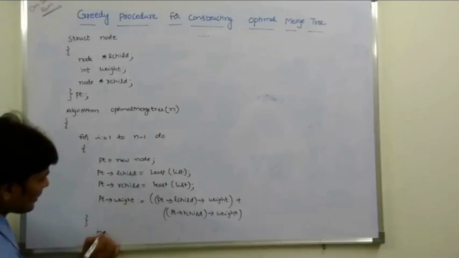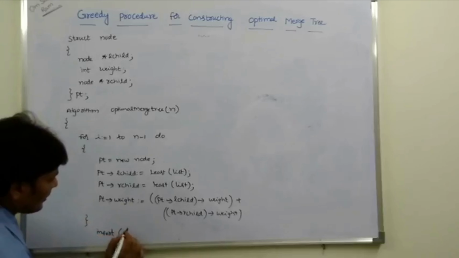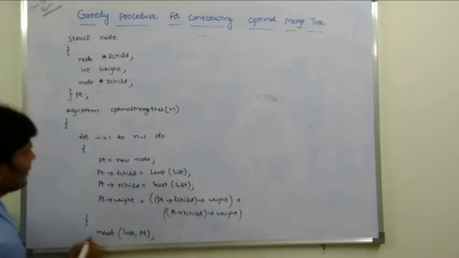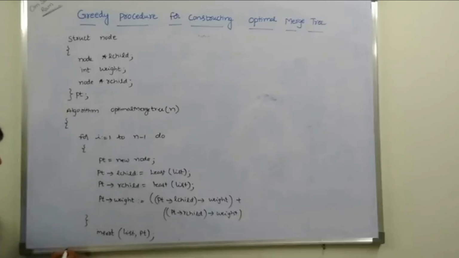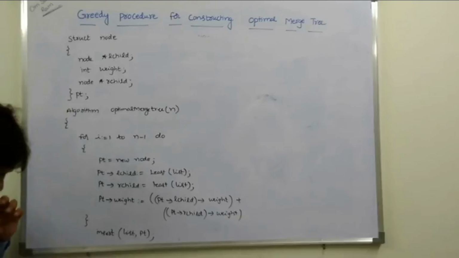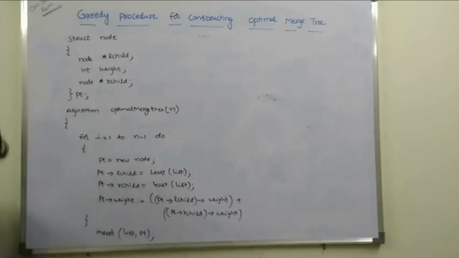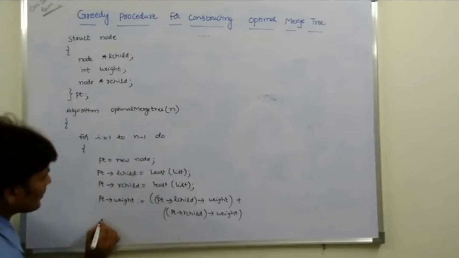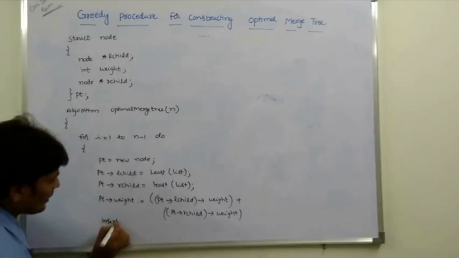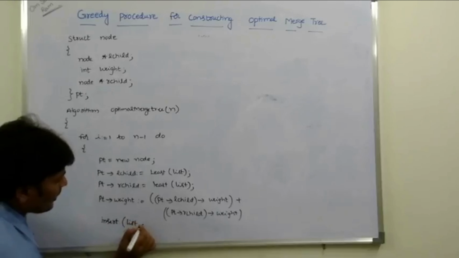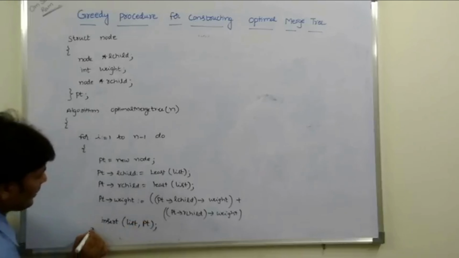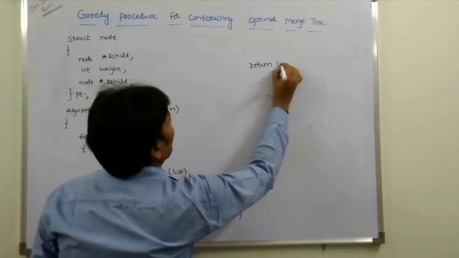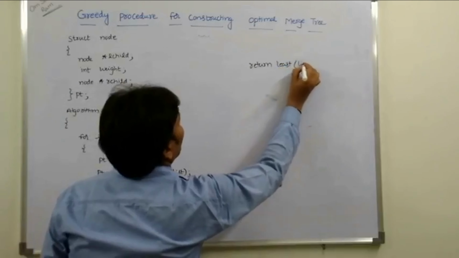So insert list comma pt. Next return list of list.